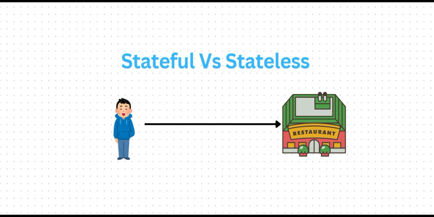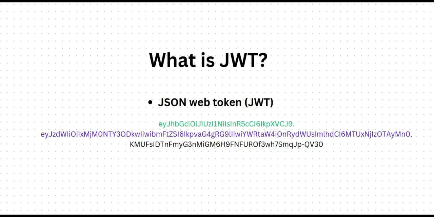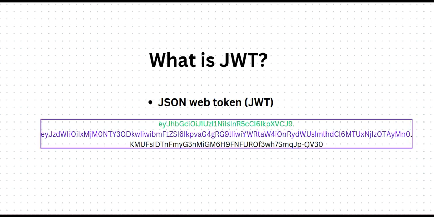Now let's jump in and understand what is JWT. So let's quickly understand what is JWT, or JSON Web Token, and how it works. Basically JWT is a compact, URL safe token used for securing and transmitting information between two parties. If you can see, it's divided into three sections.